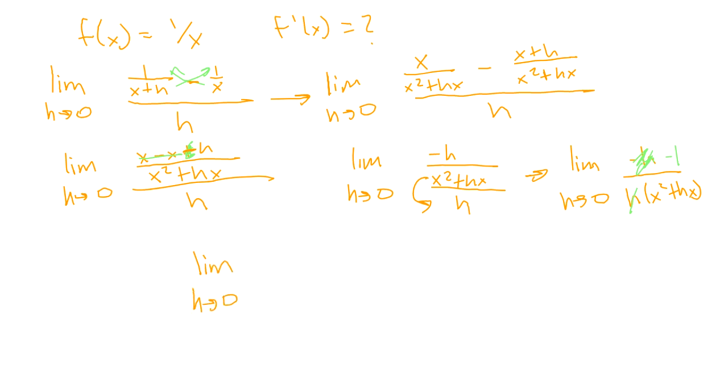We can now take our limit as h approaches 0 of negative 1 over x squared plus hx, which is going to pretty much approximate out to negative 1 over x squared times 0x, which is going to be negative 1 over x squared. So therefore, our f prime is going to be negative 1 over x squared.